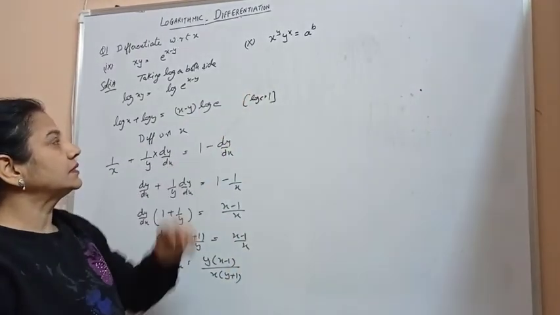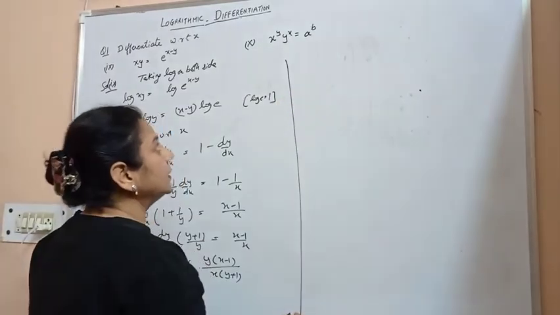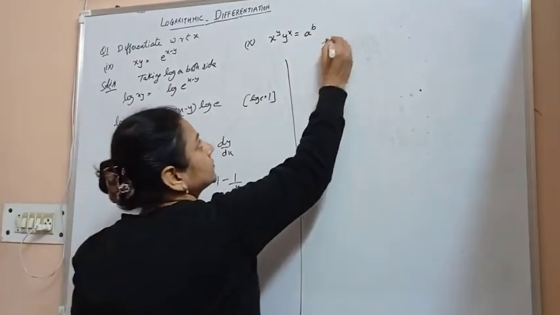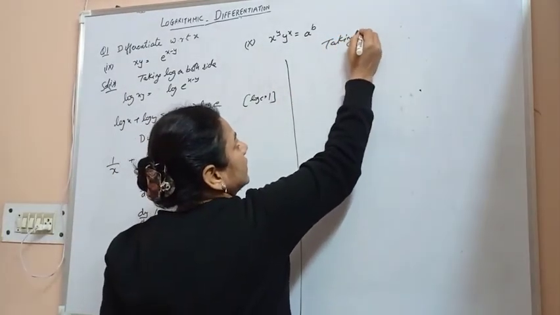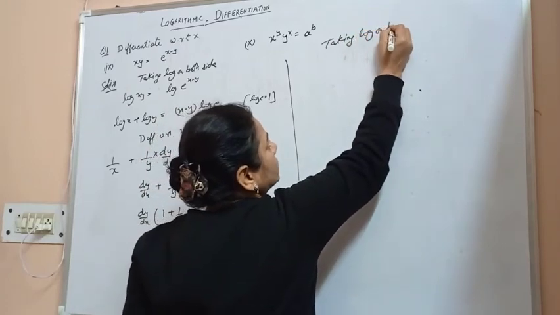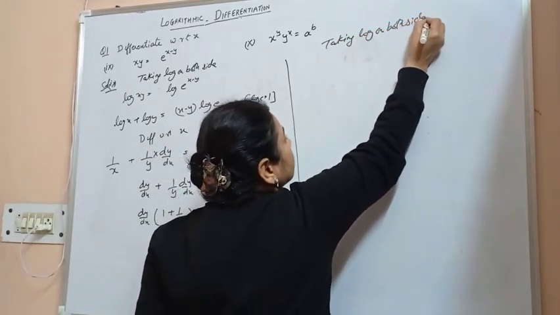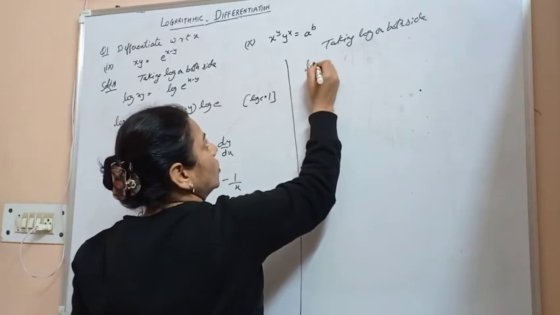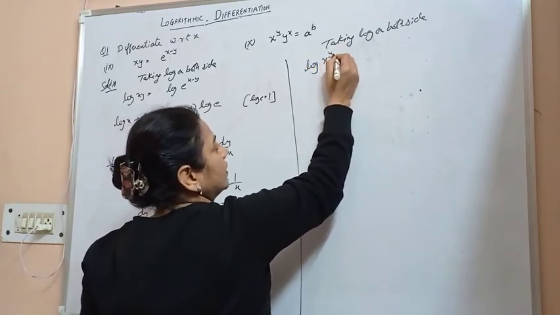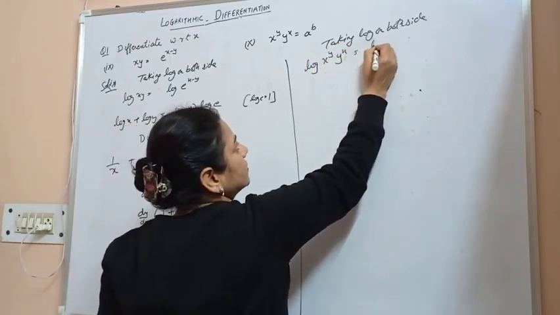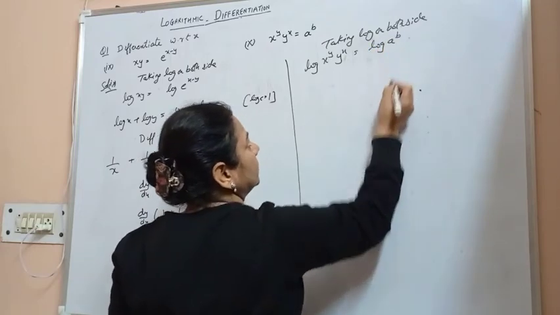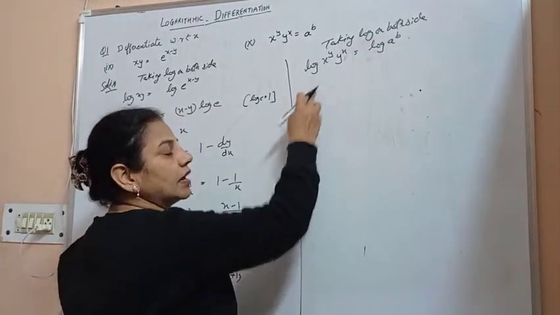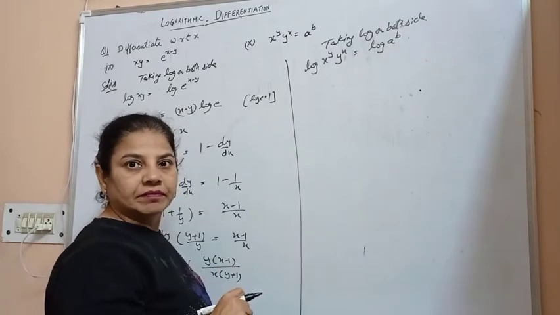In this particular case, again taking log on both sides, what should I get? Log of x to the power y, times y to the power x, is equal to log a to the power b. First I apply the product rule and then I will take the power in front.